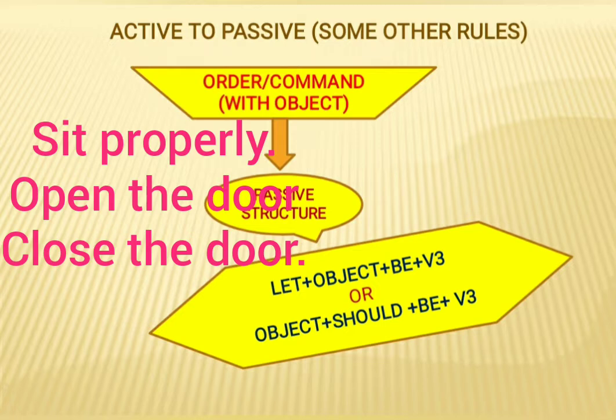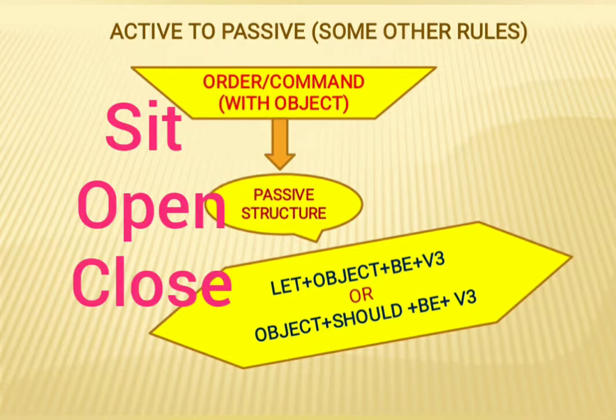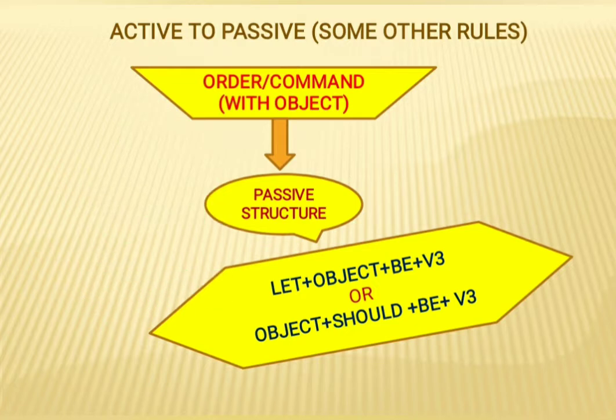Here, sit, open and close are main verbs, and so these sentences are orders or commands. In these kinds of sentences, you may use two structures. You may use let plus object plus be plus third form of the verb, or you may also use object plus should be plus third form of the verb.